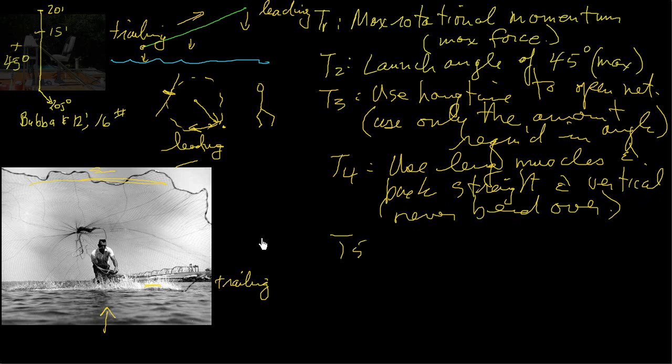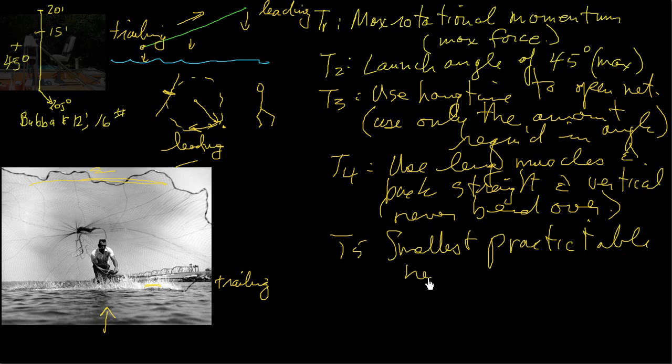As I mentioned before, numerous times, it's hard work to throw a large, heavy net. So for technique number 5, unless it's absolutely necessary, it's much more fun and effective to use the smallest practicable net that allows you to get, I would say, a minimum of 10 and a maximum of 15 throws per day.